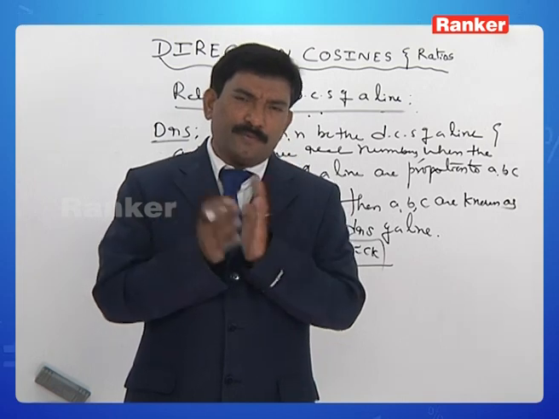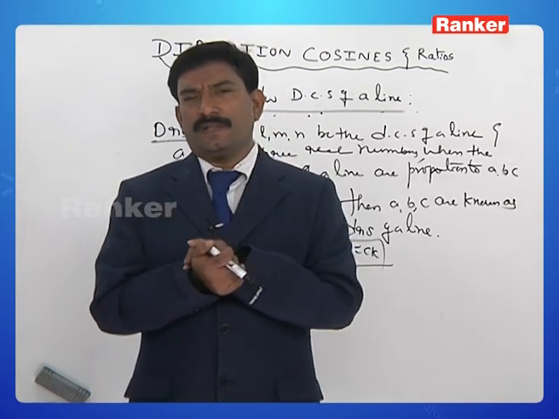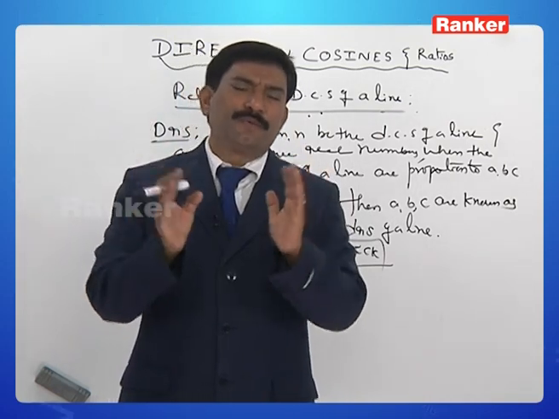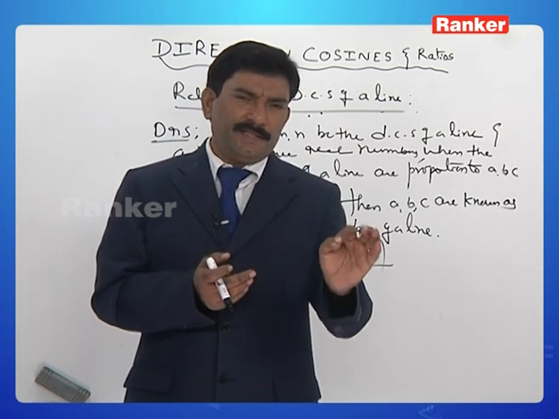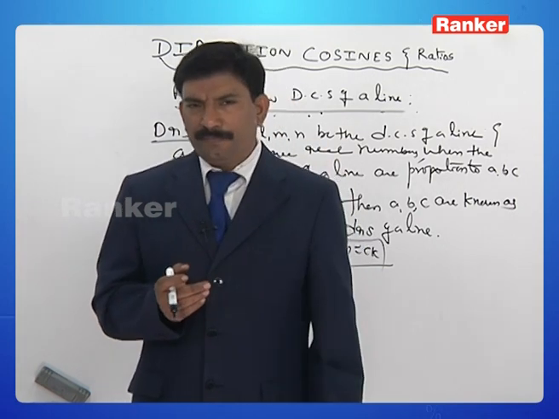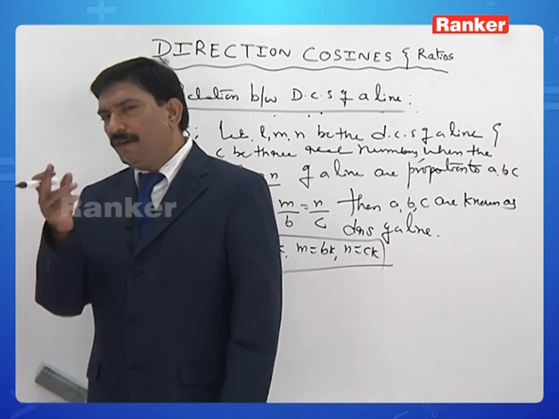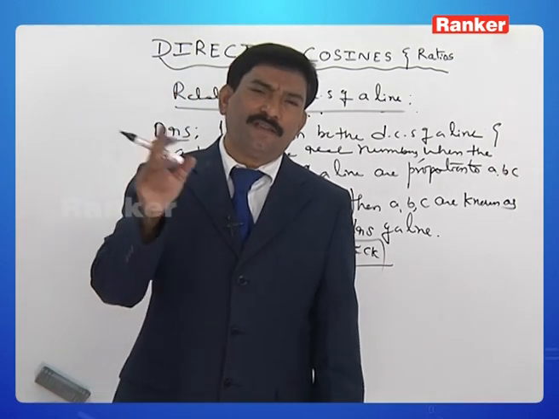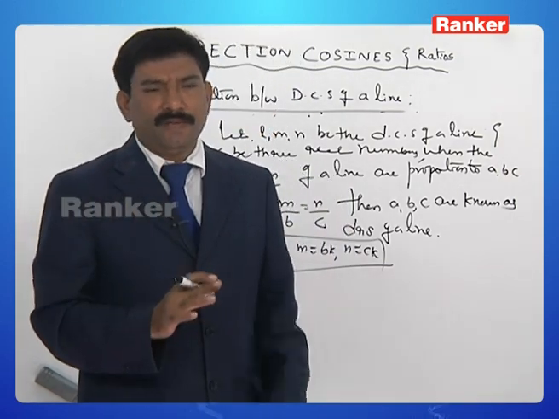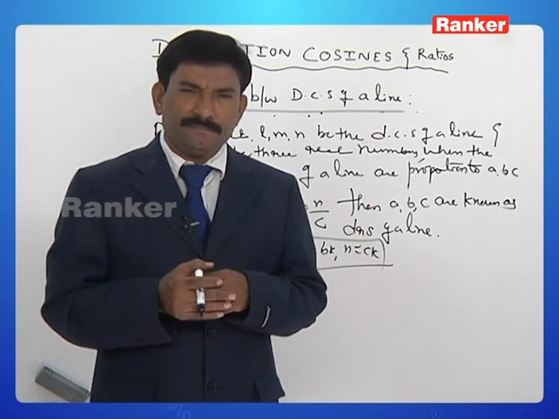Let us move to understand how to find the DCs of a line when the DRs of a line are given as A, B, C.